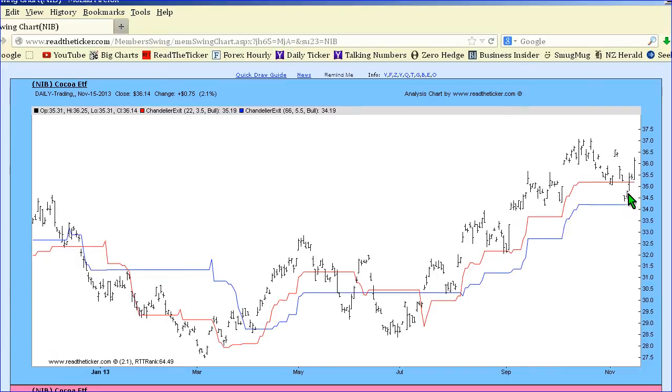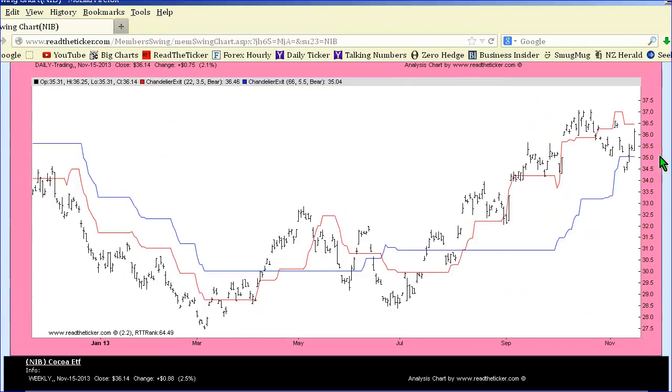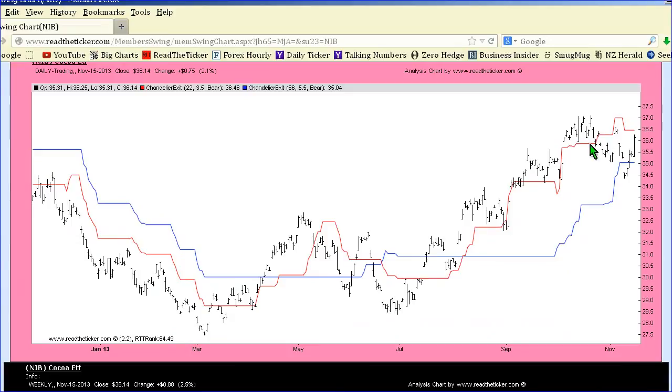What the scanner does, it counts back 4 closes to see whether the close was actually positioned between the red and the blue line. Now this is a clear signal for the bull chart because the red is above the blue and the close was in between the gap. If I go down to the bear chart here, you can see the bear chart is confused or doesn't have a clear signal because the red line is above the blue line.